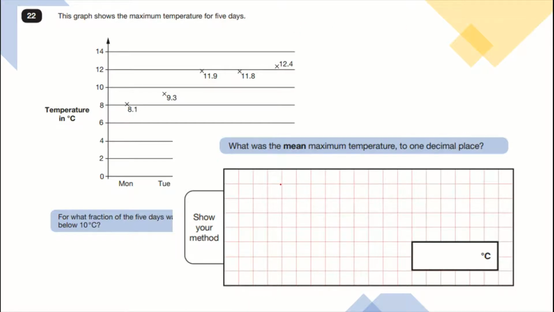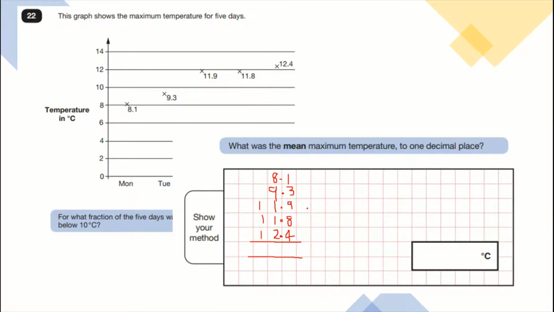So 8.1, 9.3, 11.9, 11.8, 12.4. Make sure that all of the decimal places are in one line.